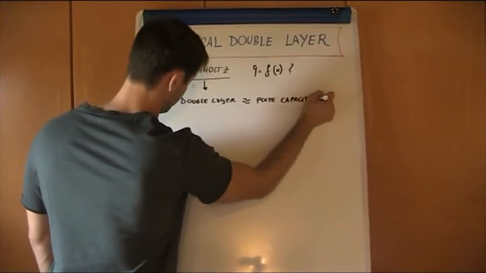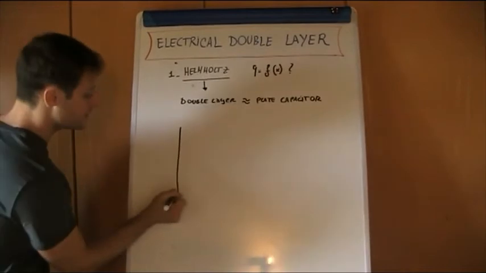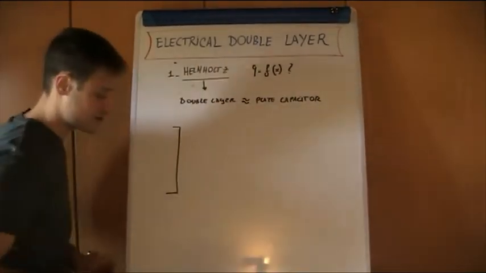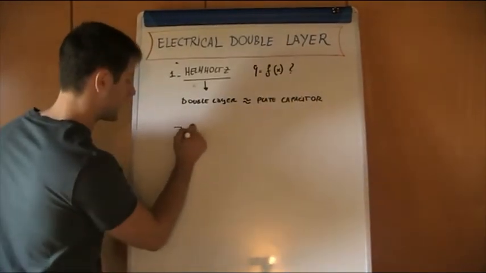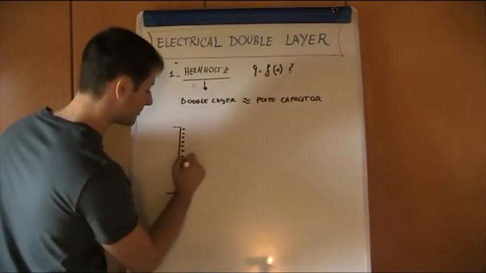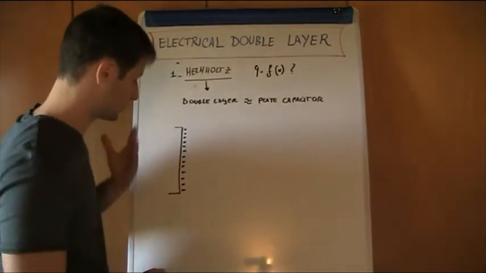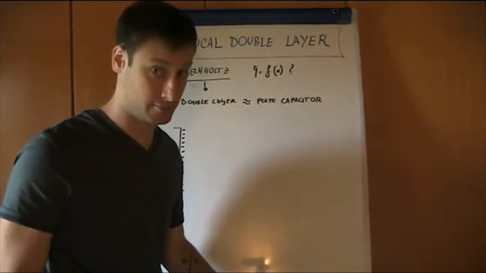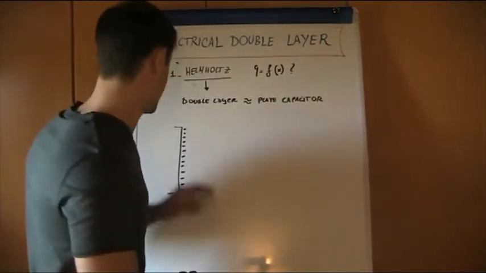What does it mean? If this is our electrode or, in general, a body having a surface excess, now, obviously I speak a lot about electrodes since we are dealing with electrochemistry, but it could be everything able to charge, to undergo a charge acquisition mechanism.